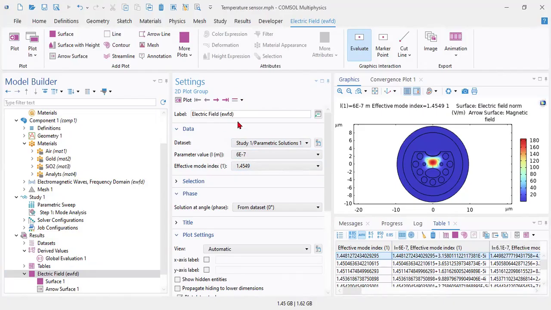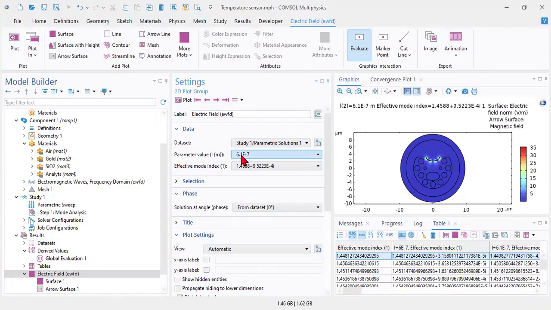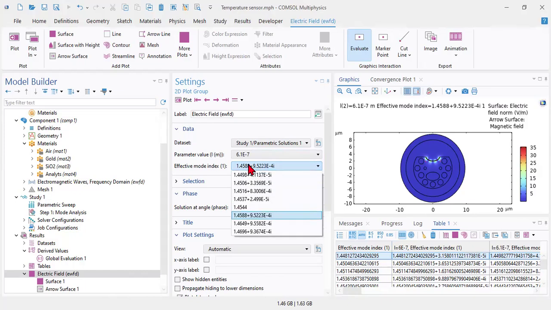So we are fixing the position of the effective mode, and now we want to change the wavelength. If we take it up and click here, it will change the wavelength, but not the position of the effective mode.